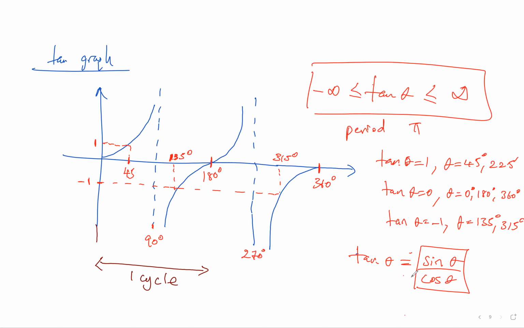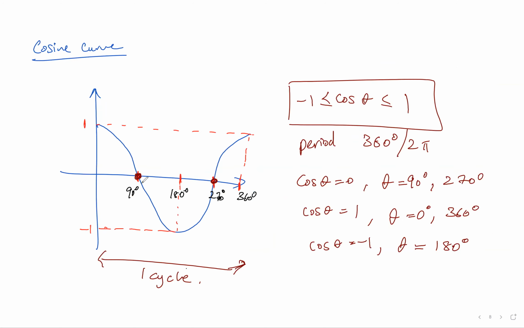If you notice, at 90 and 270, your cosine is becoming 0. Can you see or not? It's becoming 0.